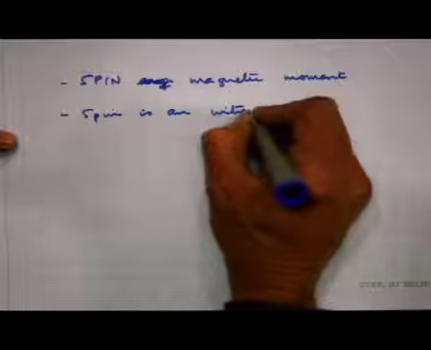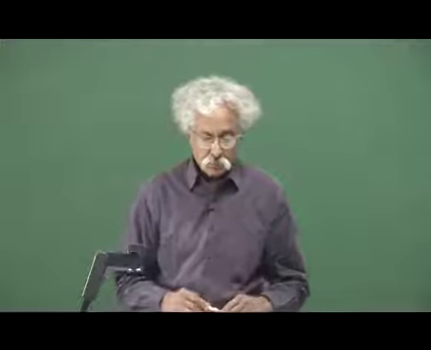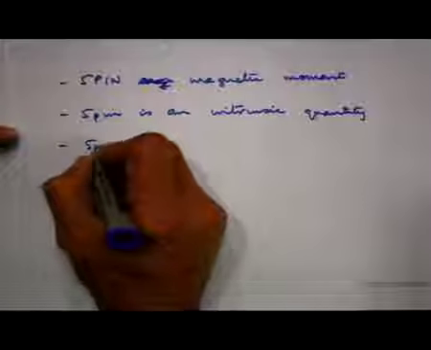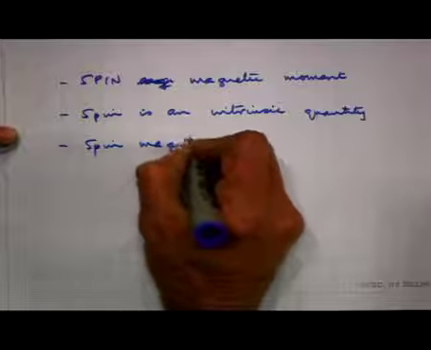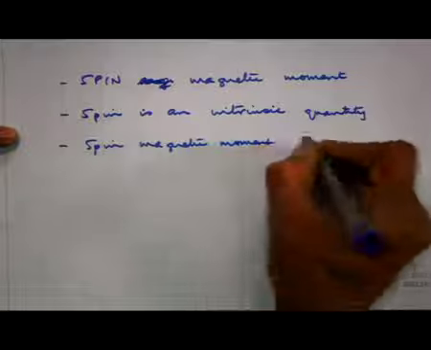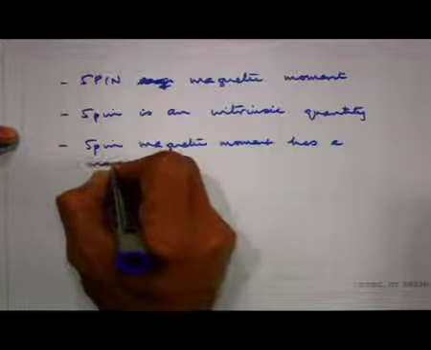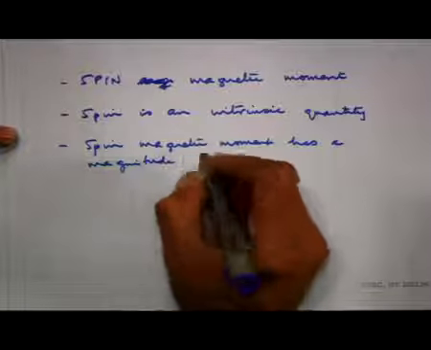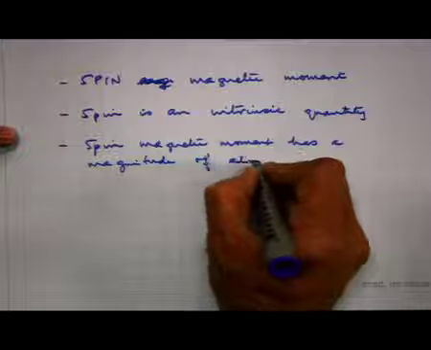Now, spin is an intrinsic quantity, much like charge and mass of the particle, and associated with this spin is a magnetic moment, the spin magnetic moment, which has a magnitude of almost 1 Bohr magneton.